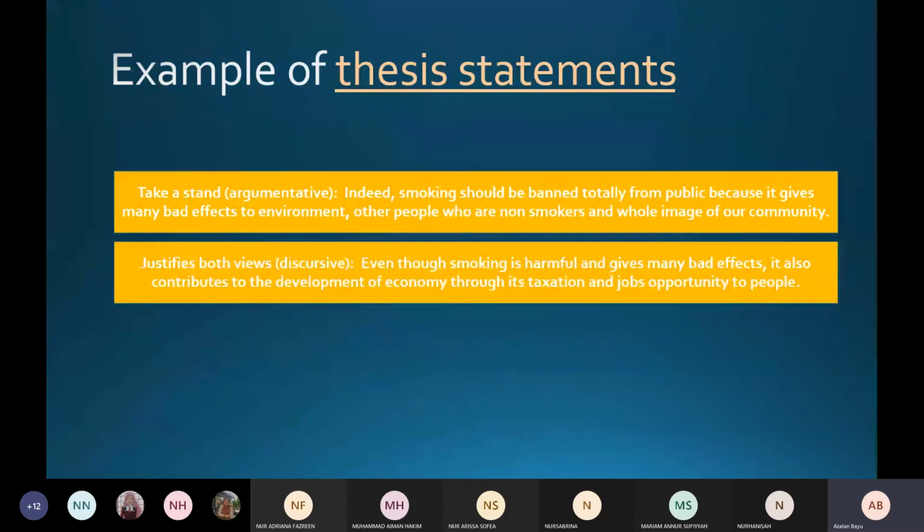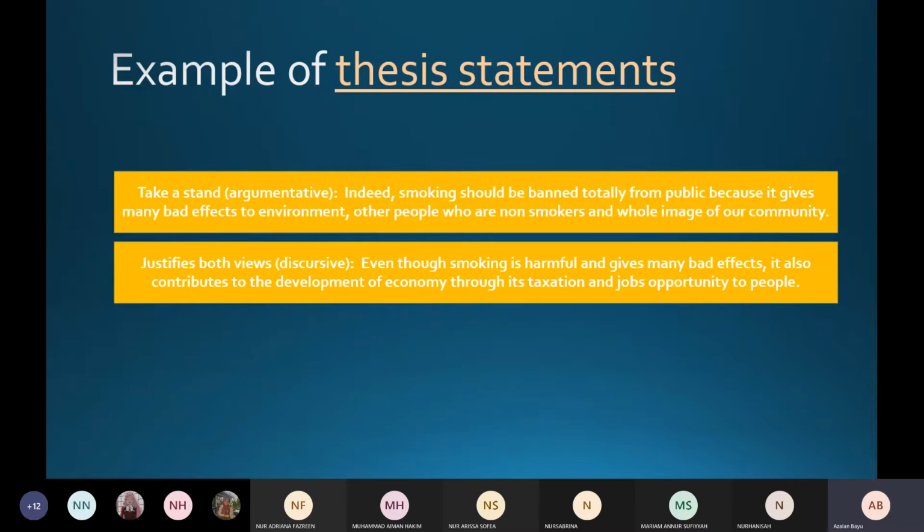Alright. When you do discursive, you can do like this. Okay, even though smoking is harmful and gives many bad effects, it also contributes to the development of economy through its taxation and job opportunity to people. Okay, ini kalau you buat discursive.